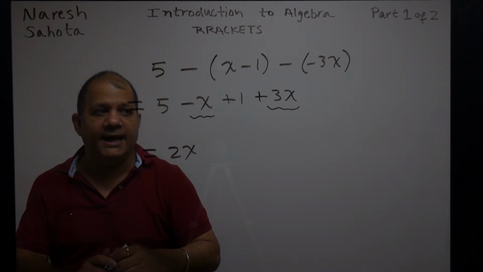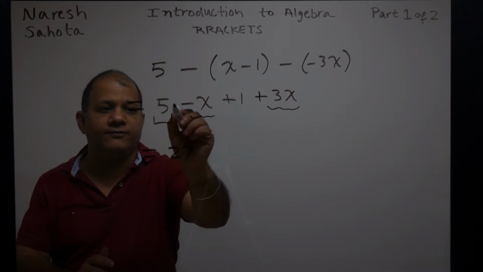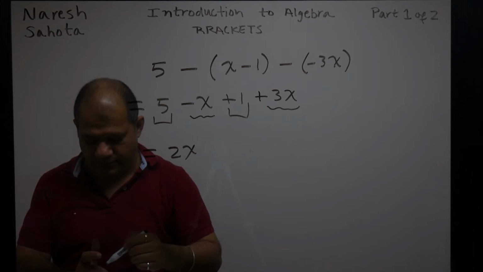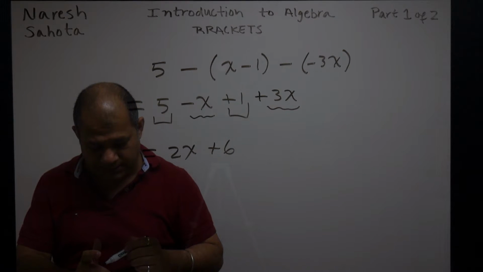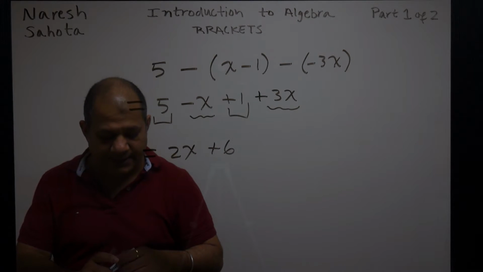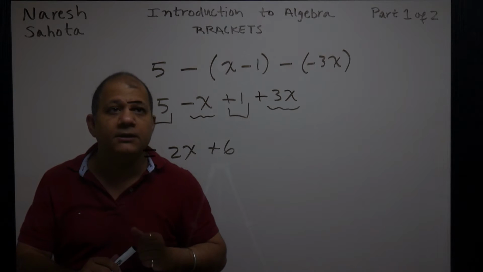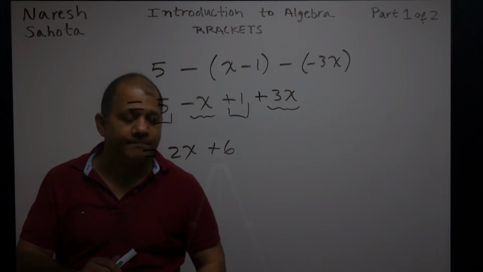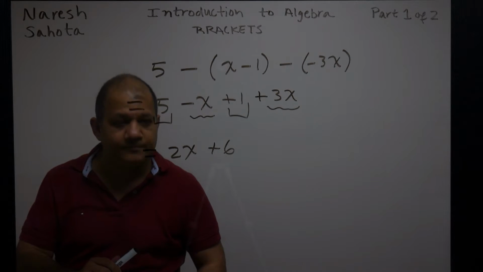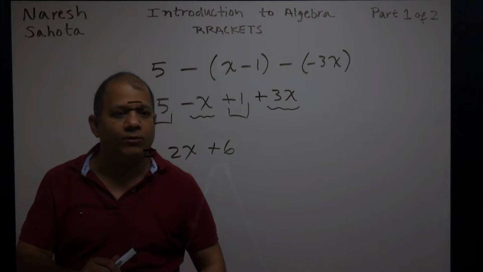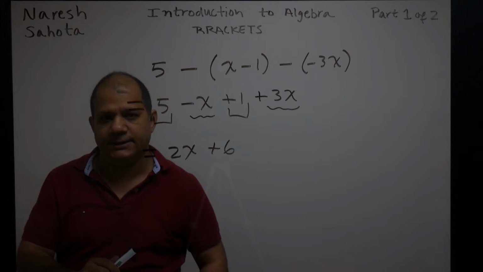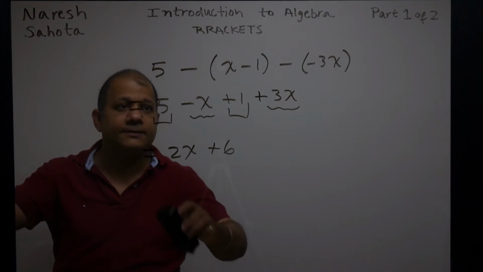And now let's add the constants, the 5 and the 1. 5 plus 1 is 6. So 2x plus 6 is the answer. Alright, so 3x, take away 1x is 2x, 5 plus 1 is 6.